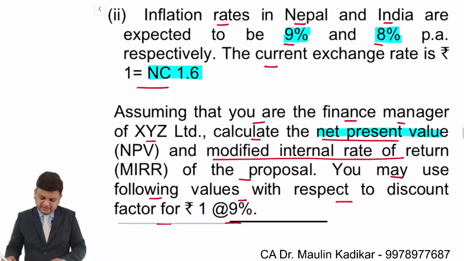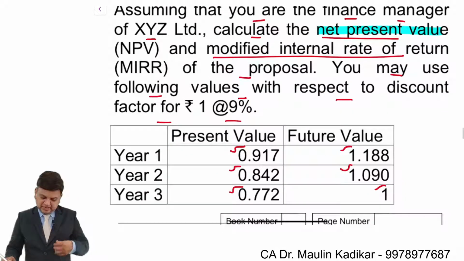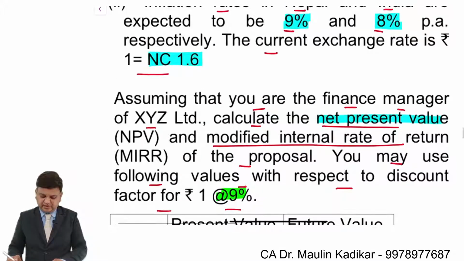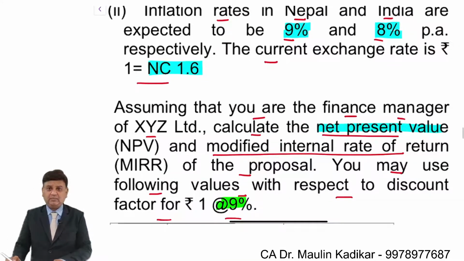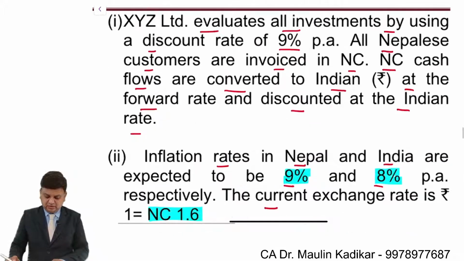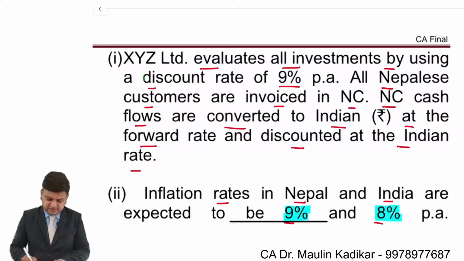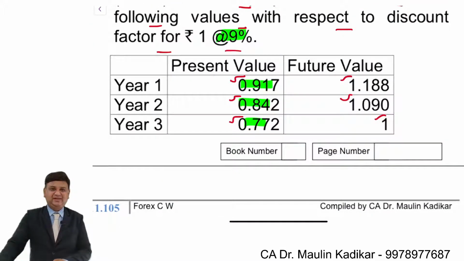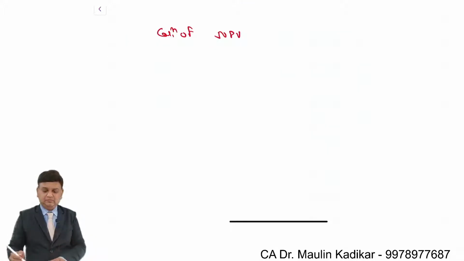The question is providing the information that the discounting rate is 9%, and for that the factors are also provided to us. So here is the discounting rate, we'll discount the cash flow series at the rate of 9% for finding NPV. Let us see how to make the calculation of NPV.